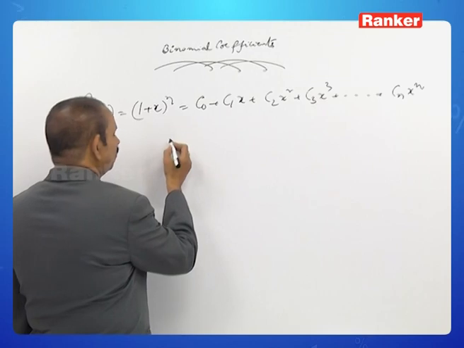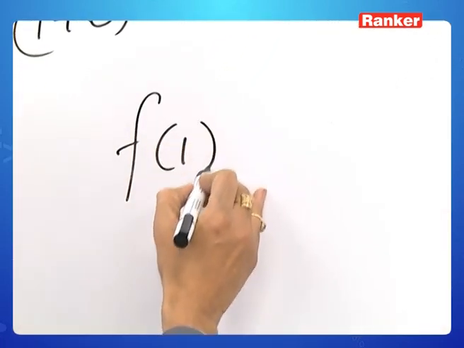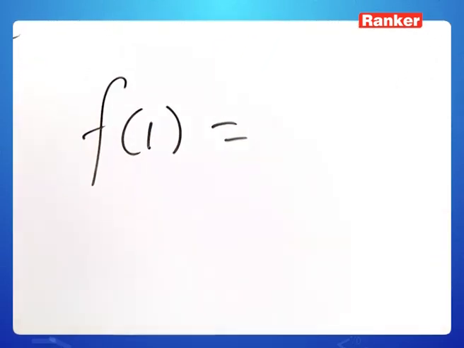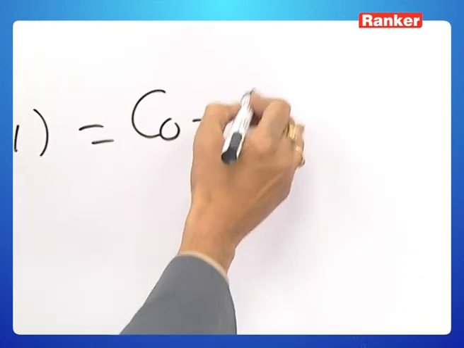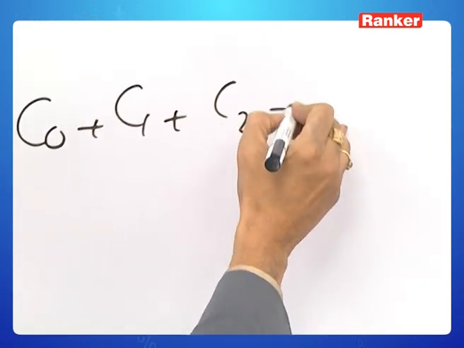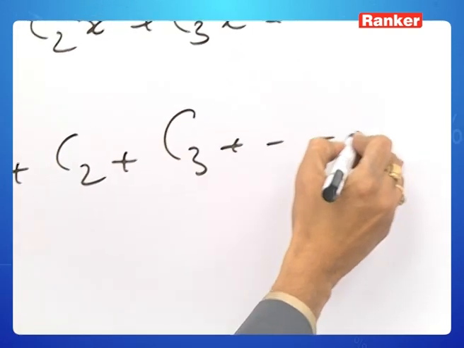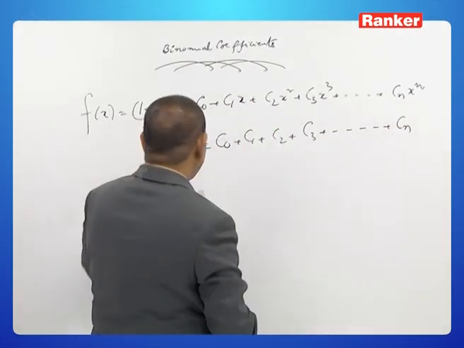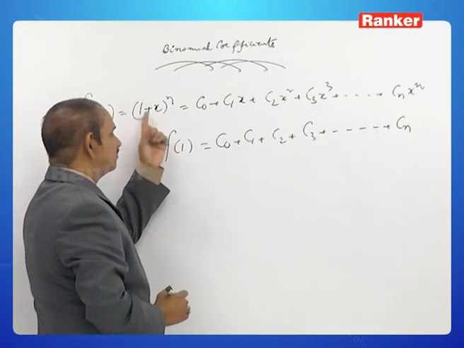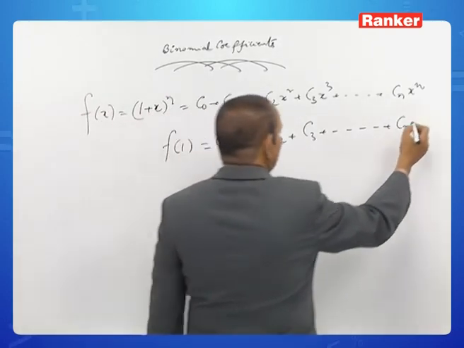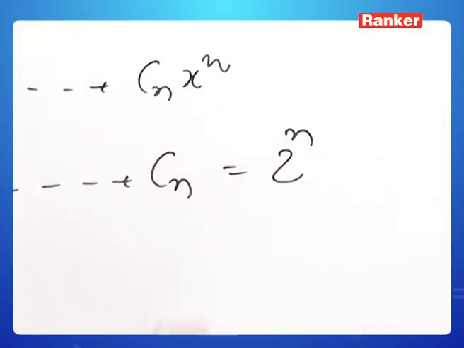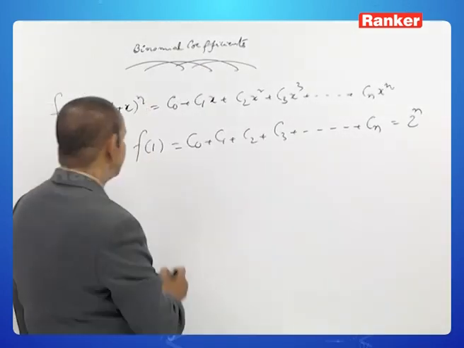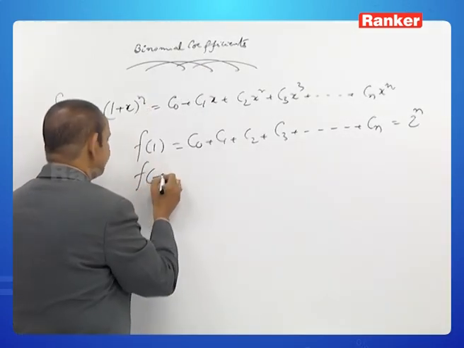Good. What is f(1)? You please calculate. f(1) is C0 + C1 + C2 + C3 + etc. + Cn. And if you place 1 in the place of x, you will have (1 + 1) = 2^n. Good.